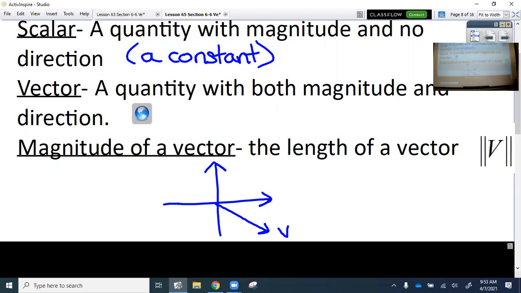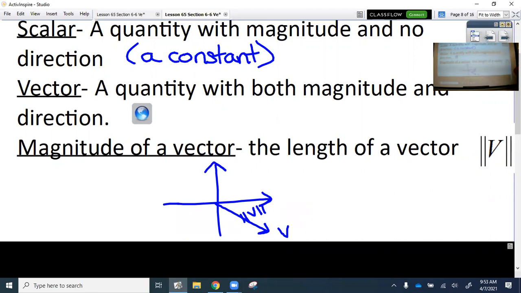When we talk about the magnitude of it, the length of that line is the magnitude of the vector. So far, so good.